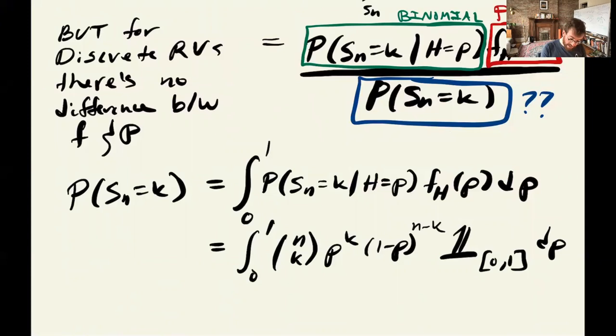Now, in this case, maybe what I should have said is that initially this integral is from minus infinity to infinity. Similarly here. But the fact that we truncate the integral is because our PDF for P, or H in this case, is concentrated between 0 and 1.